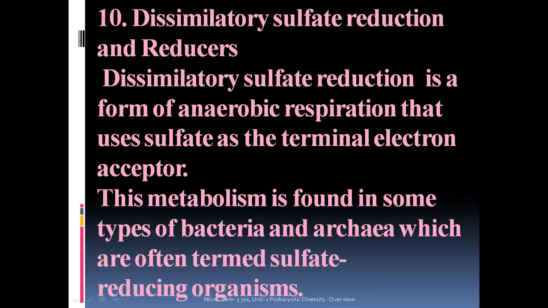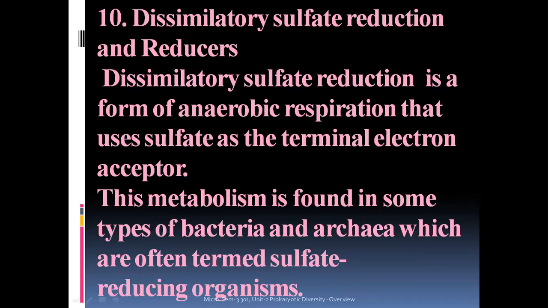Next is dissimilatory sulfate reduction and reducers. Dissimilatory sulfate reduction is a form of anaerobic respiration that uses sulfate as the terminal electron acceptor, right? So that is termed dissimilatory sulfate reduction.